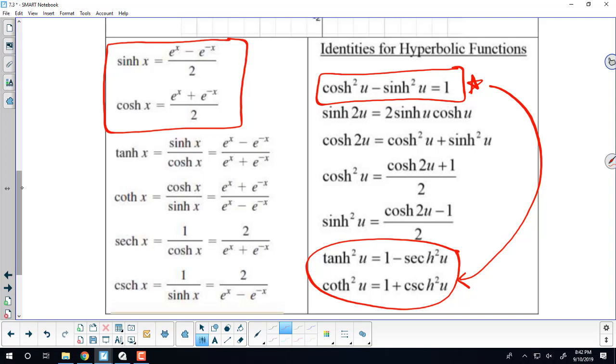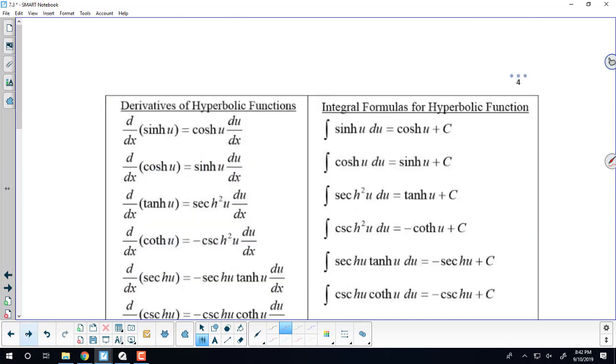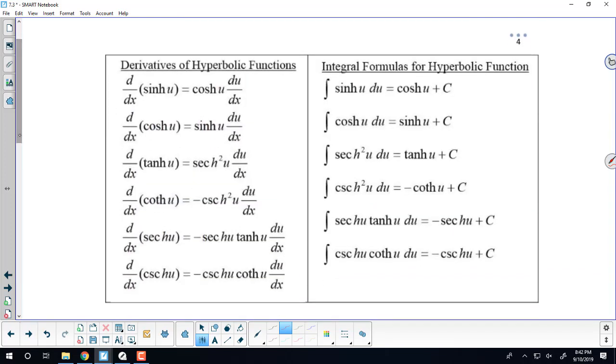But as far as what would show up on the test, I'm putting those in red here. And I'll do the same thing for the derivative and antiderivative formulas too. So those are important to know. The derivative and antiderivative formulas are these top three really that we should focus on.